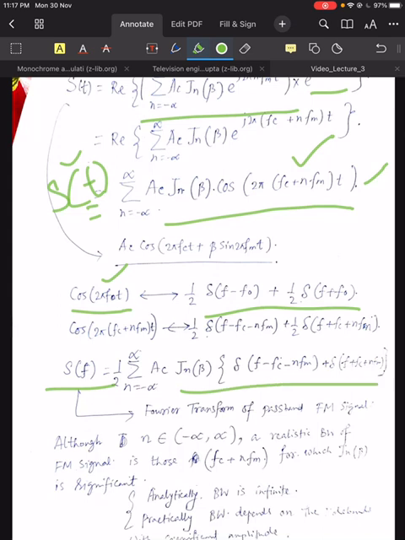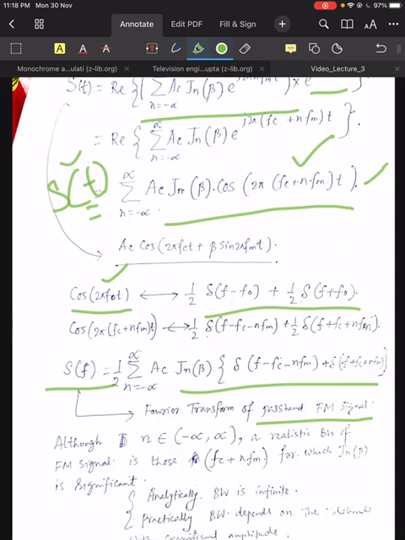This is the Fourier transform of the passband FM signal. You can see that there are an infinite number of impulses in the spectrum, an infinite number of sidebands, right?